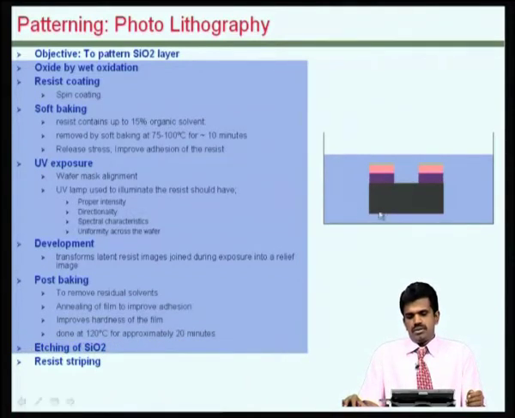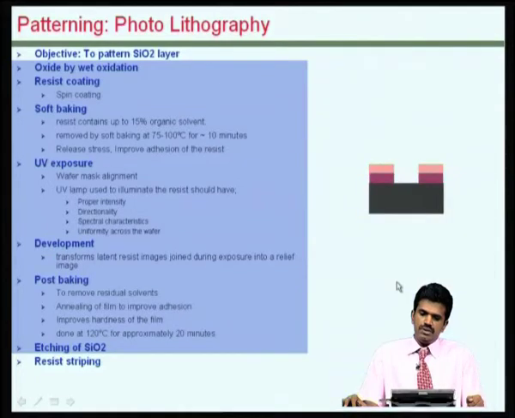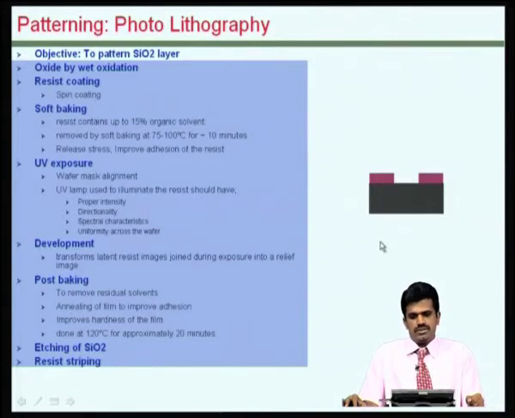So, when it is kept in this wet bath, you can etch the silicon dioxide, and after that we can strip the resist by etching and various methods. So, what we get finally is a thin layer of silicon dioxide, which was deposited by various approaches including oxidation, but patterned by lithography.